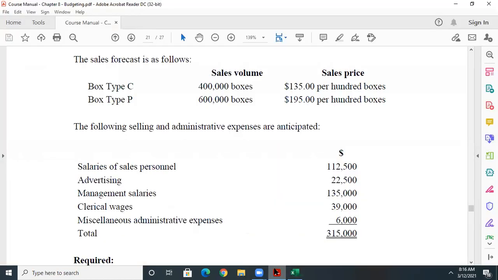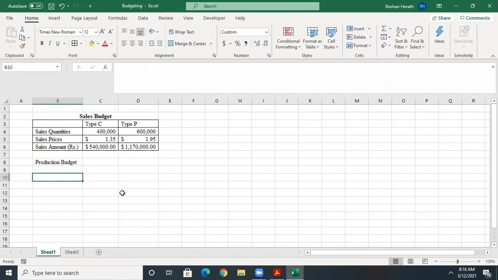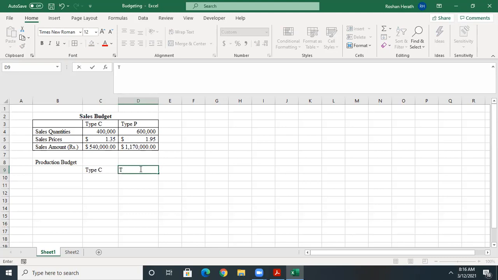So you know how to produce the production budget. Your starting point is going to be the sales, type C and type P. You can start with the sales quantities, 400,000 and 600,000.